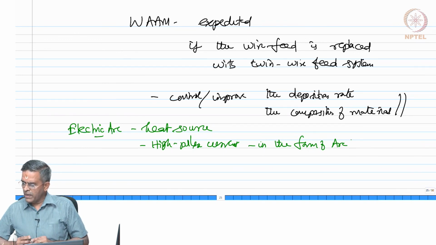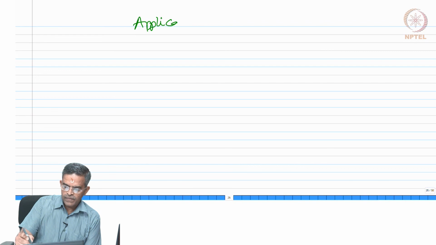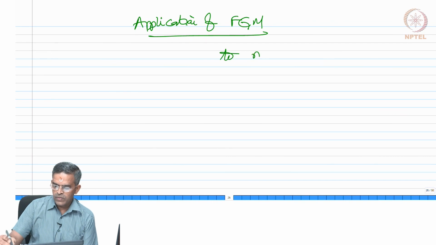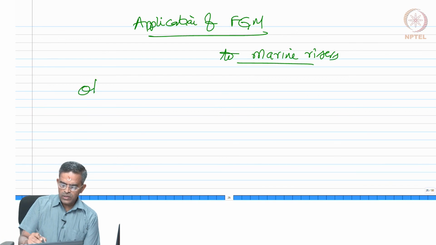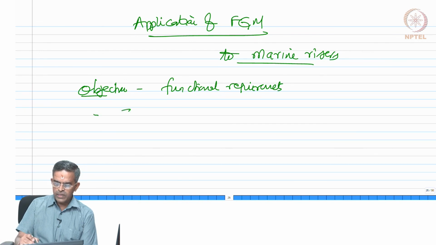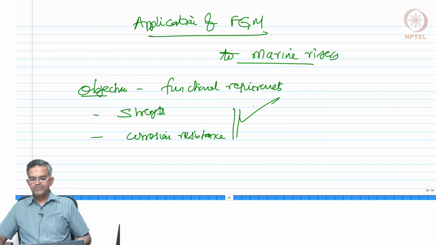So, let us talk about the application of FGM to marine risers. So, what are the objectives in this case? Objective means what are the functional requirements for a marine riser. The requirements are it should possess the basic strength, it should have corrosion resistance, okay.